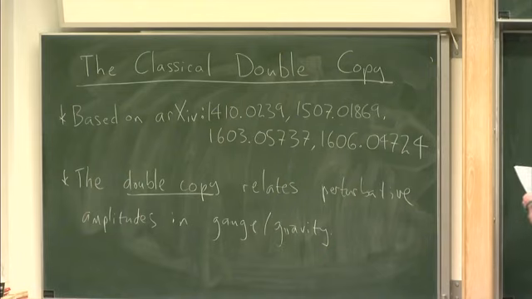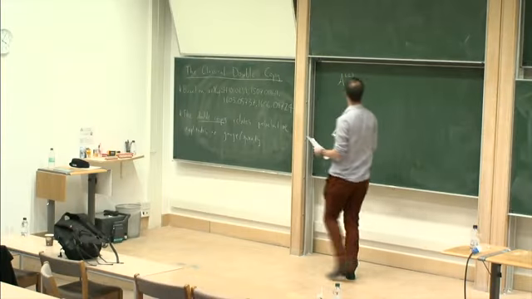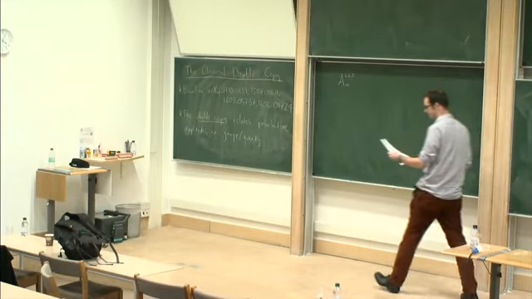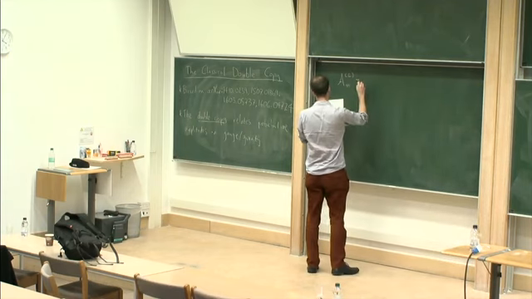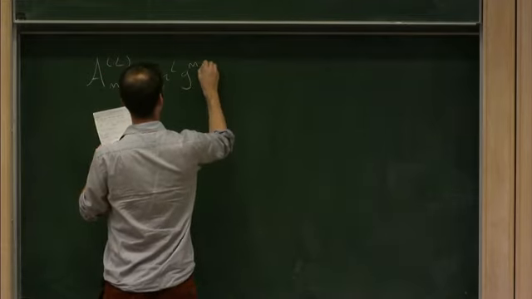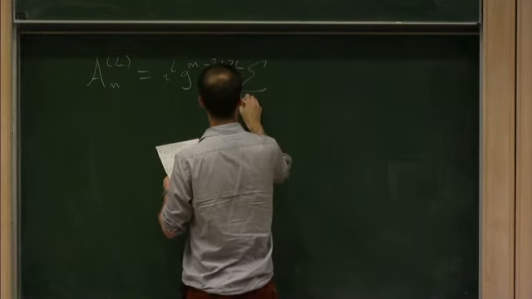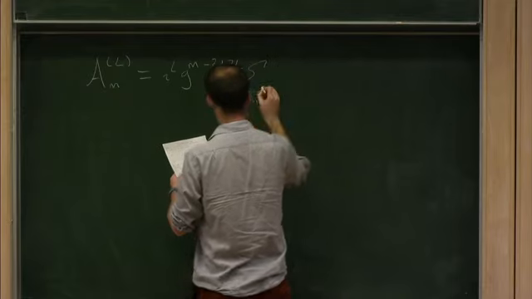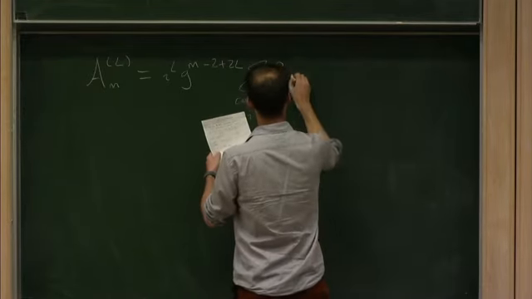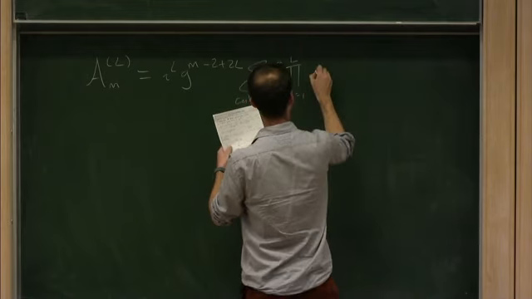So I can write a very general form for an amplitude, and let's say it has m points and L loops. Let me write a form for that in a gauge theory. It'll have some powers of the coupling constant, and then a sum over cubic graphs, I. Then there will be integrals over loop momenta.